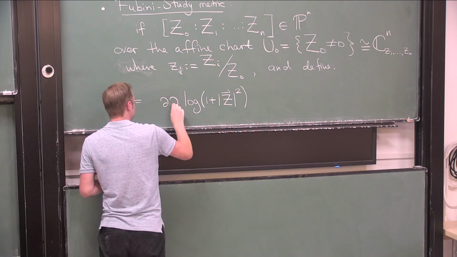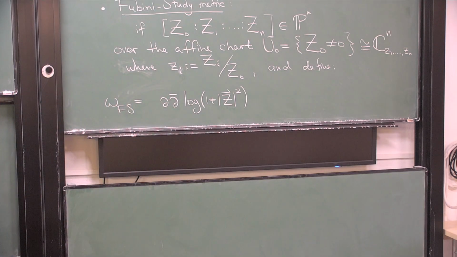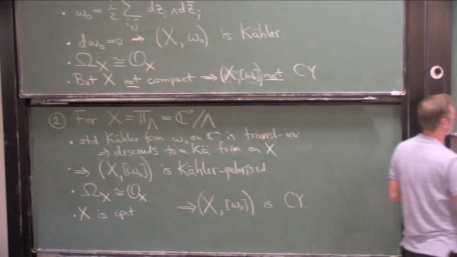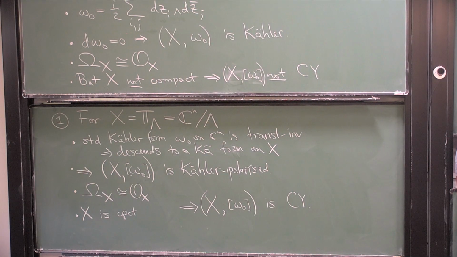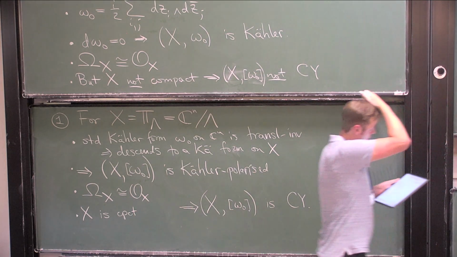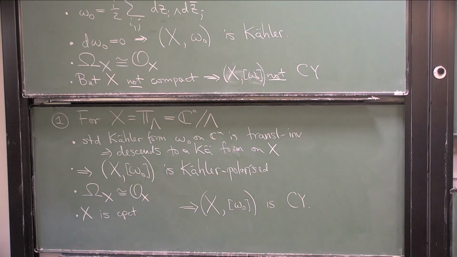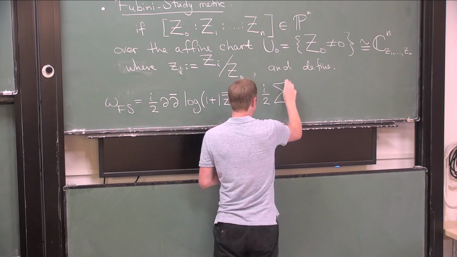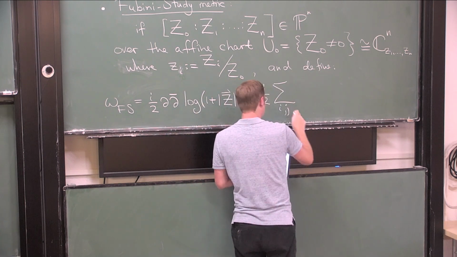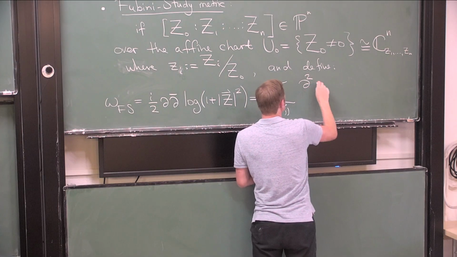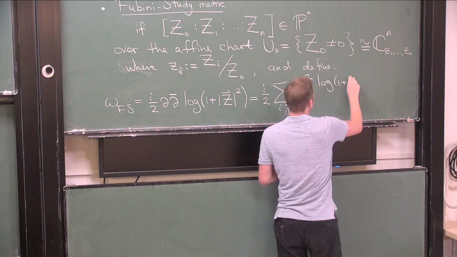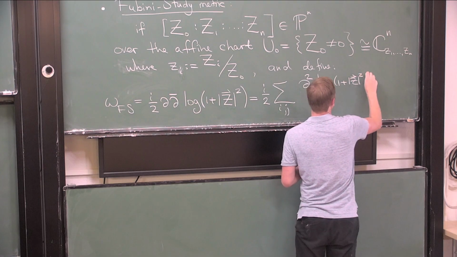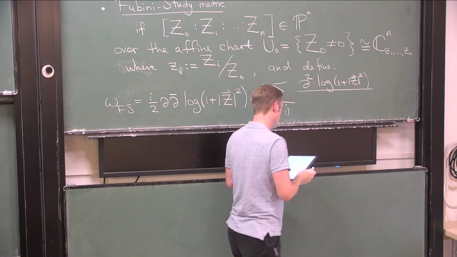If I differentiate it twice, once with respect to the z's and once with respect to the z bars, and then there's a normalizing factor, which I always forget, i over 2, this gives me a 1-1 form. So again, if I literally just write this out in coordinates, these are second derivatives of this function, log of 1 plus the total length of the vector z.